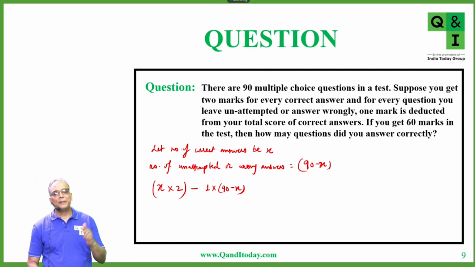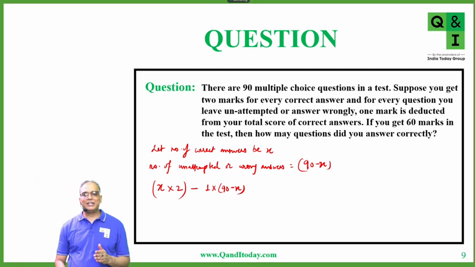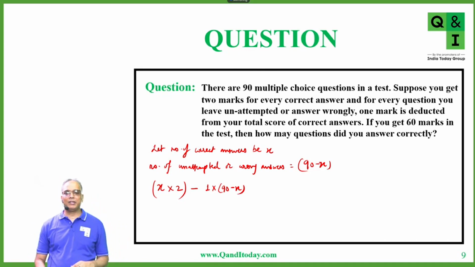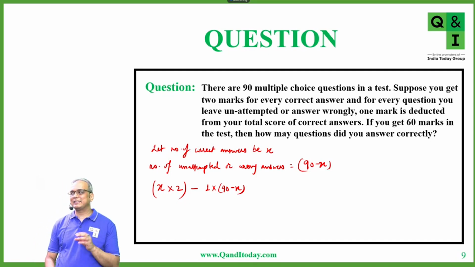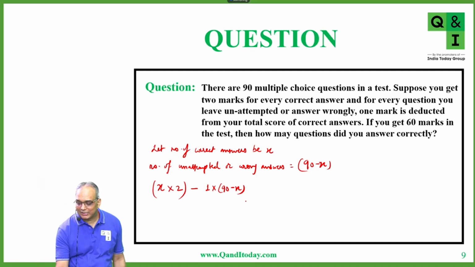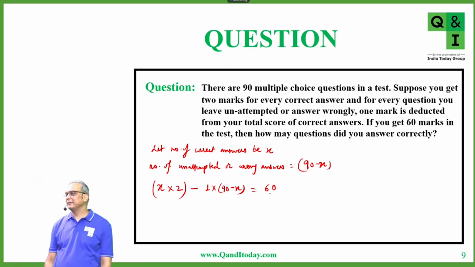And then we subtract the marks which have been deducted due to wrong or unattempted ones. So 90 minus X are the number of questions which were wrong or unattempted. We multiply it with minus 1. So X into 2 minus of 90 minus X into 1. This is going to be equal to the total marks which he got, that is 60.